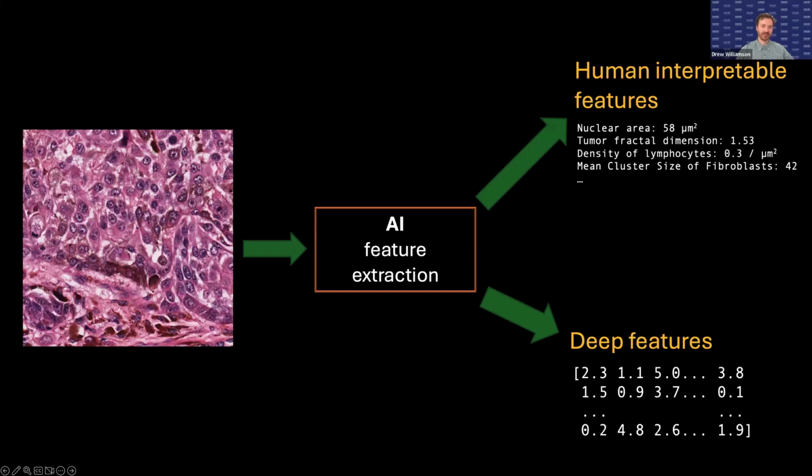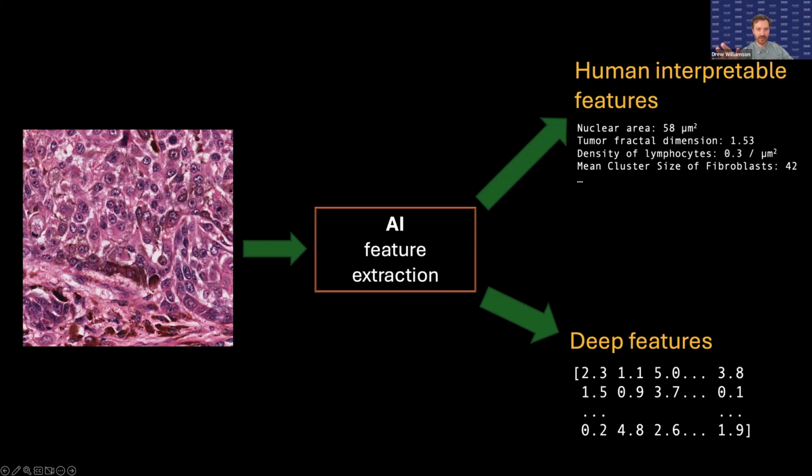Okay, so there's our two main paradigms for feature extraction. But for me as a pathologist, I find both of these deeply unsatisfying. The deep features, of course, have no connection to the biology, but maybe they perform really well. The human interpretable features, despite being human interpretable, are not how I or any pathologist thinks of tumors.